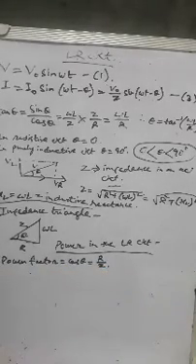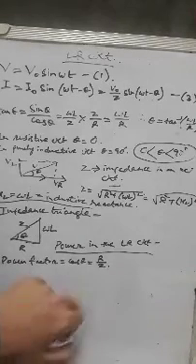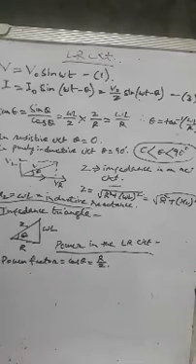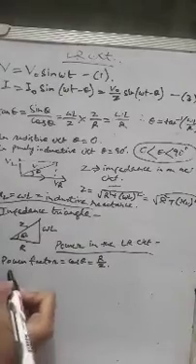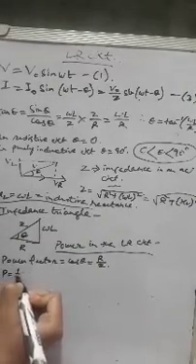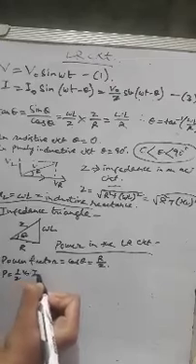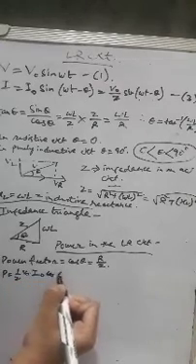When our power factor is this, recall the value of power generated in this AC circuit: P equals half V naught I naught cos theta.